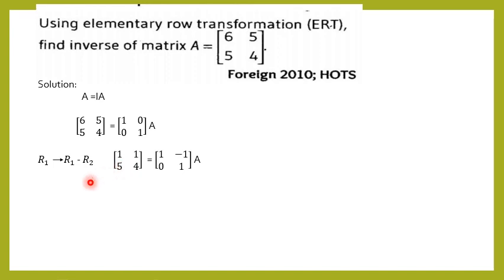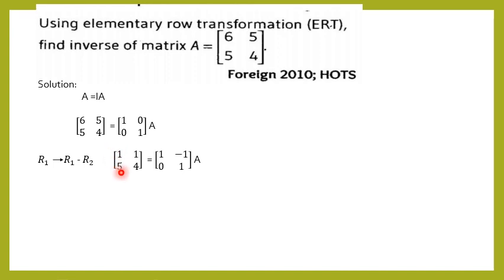How? In almost all cases, we multiply the additive inverse of the element present here with the first row. The first task was to convert this to 1.